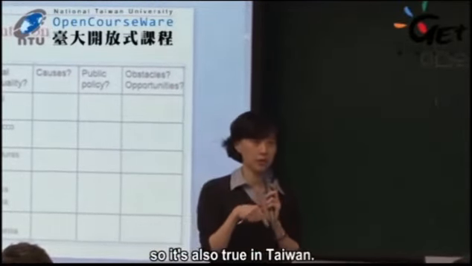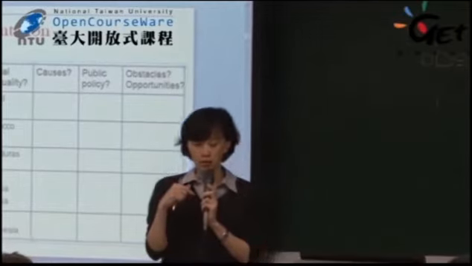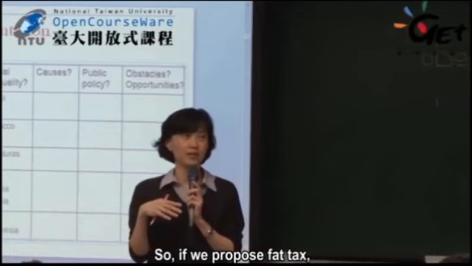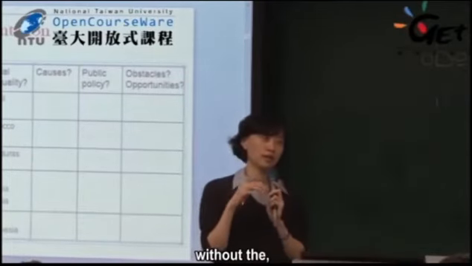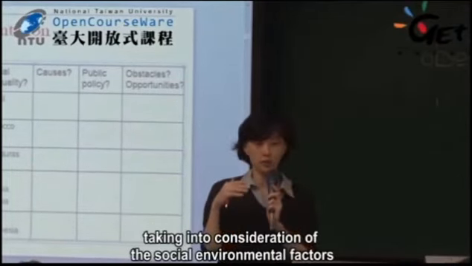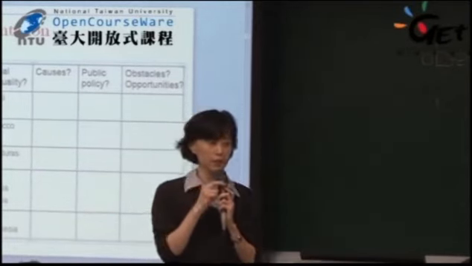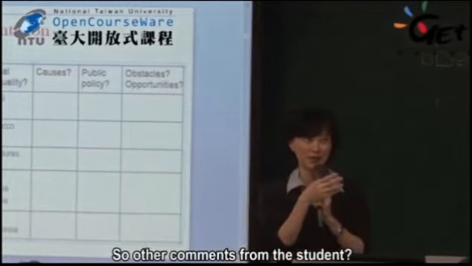So it's also true in Taiwan. So if we propose a flat tax without taking into consideration the social and environmental factors, that will have some problems. Okay. So other comments from the students?